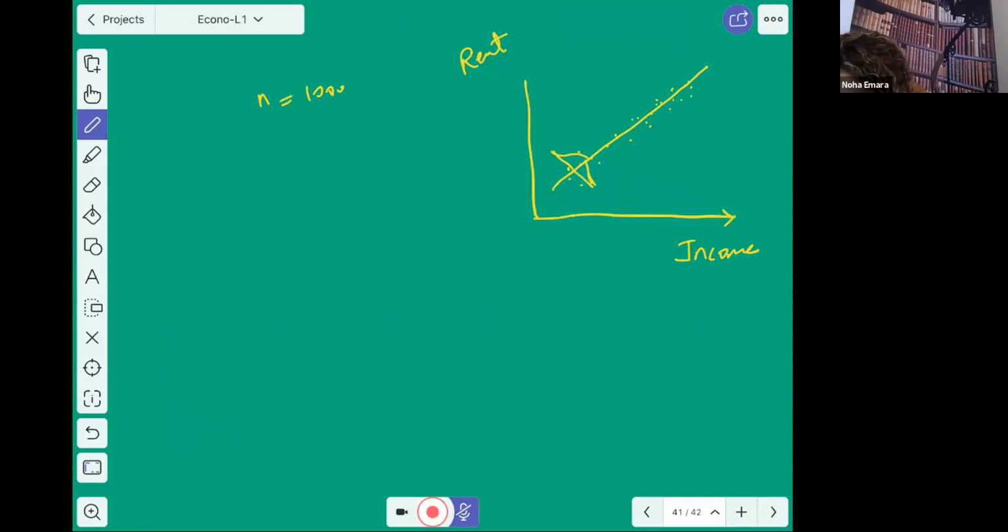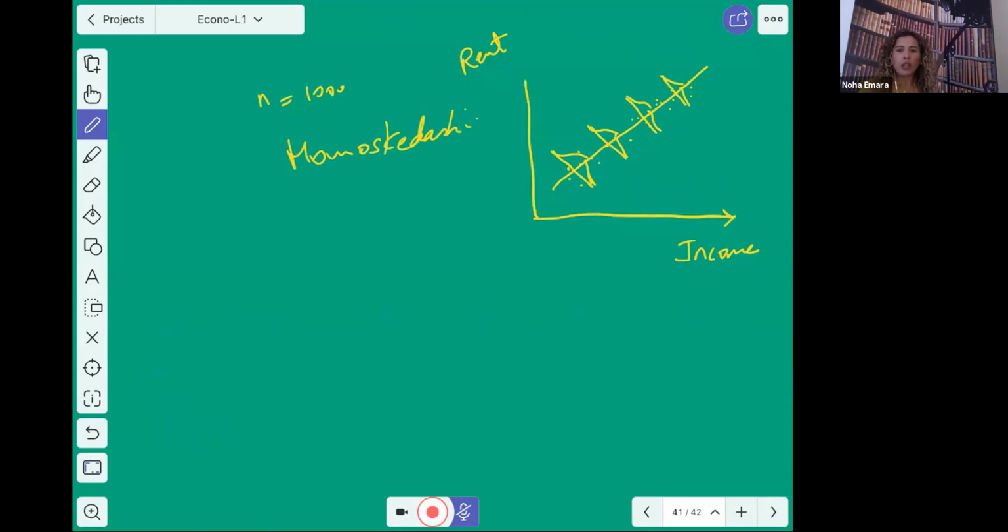I should have a nicer graph. So the distribution is constant all over, it doesn't seem to change. So this is called homoskedastic. And this is what the OLS assumes.